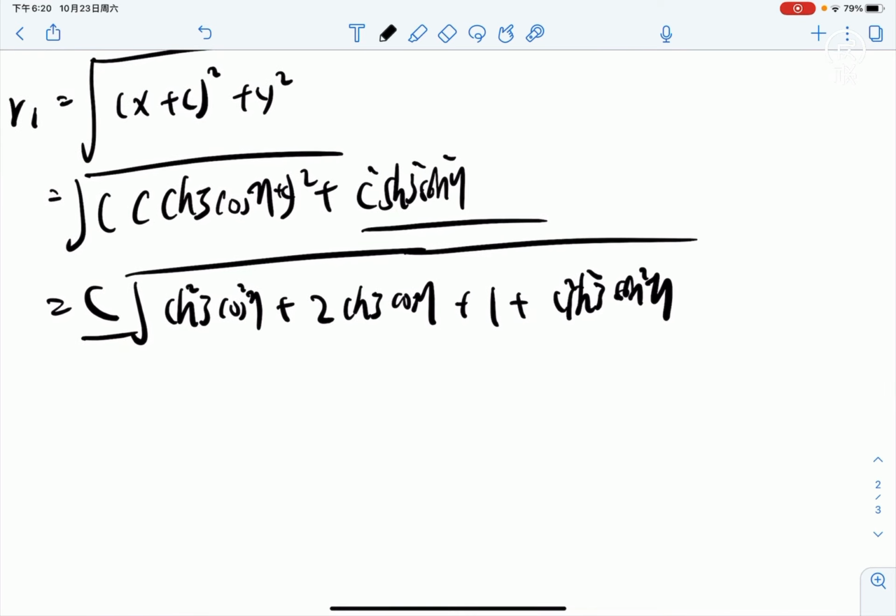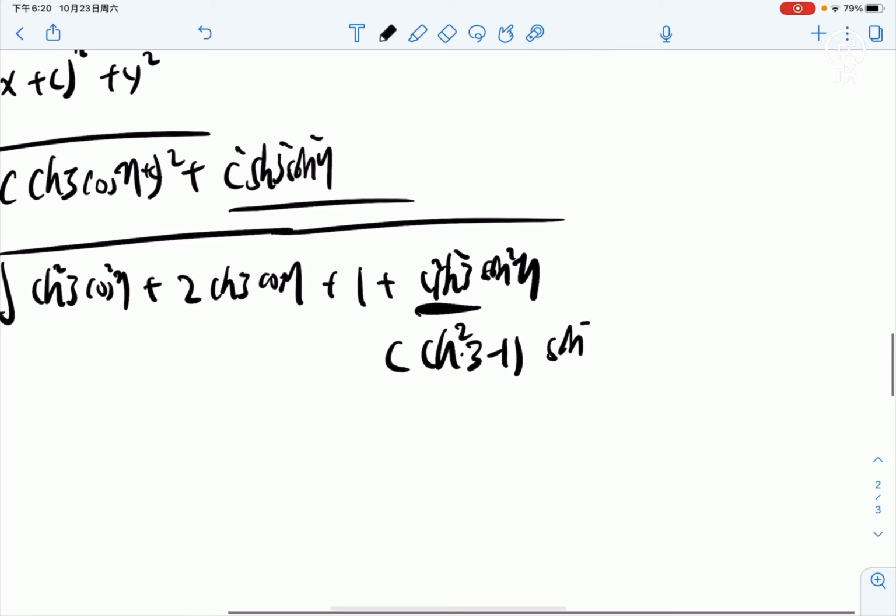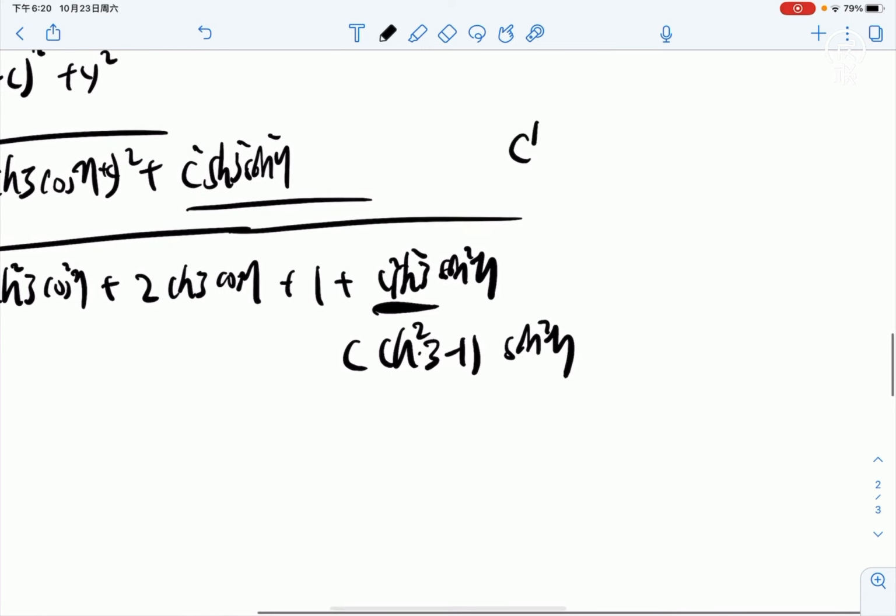and we can see. Wait a second, let me see. What is it? For this term we have cosh squared minus 1 sin squared, because we know the property of cosh squared minus sinh squared is equal to 1.